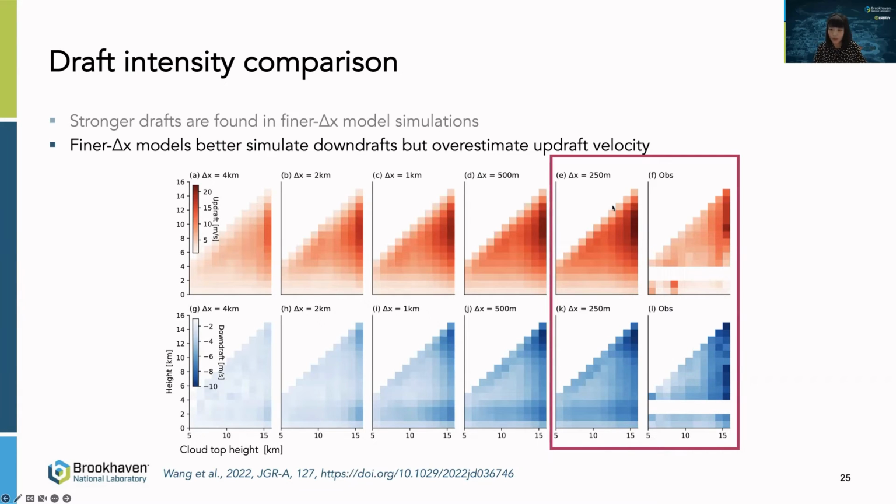And you may notice we underestimate the downdrafts at the middle levels, and there could be a couple of hypotheses for that. One of them could be that we underestimate the graupel fractions. And also, this is sensitive to the macrophysical schemes that we used in the models.